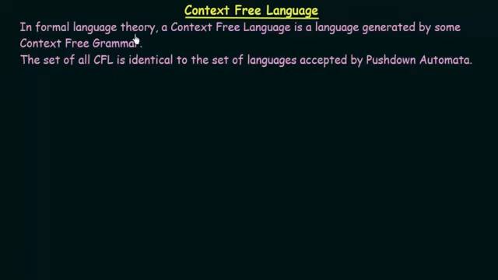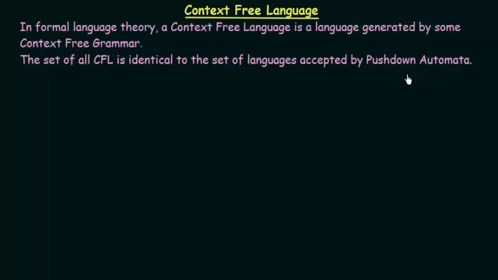In formal language theory, a context-free language is a language generated by some context-free grammar. Just like regular languages were generated using regular grammar, the languages generated using context-free grammar are known as context-free languages. And the set of all context-free languages is identical to the set of languages accepted by push-down automata.